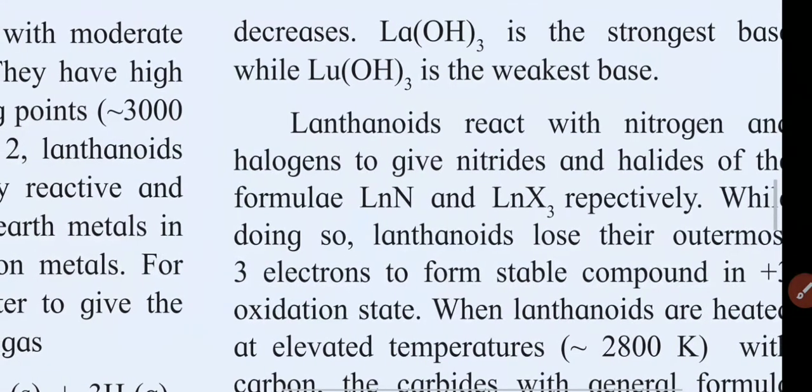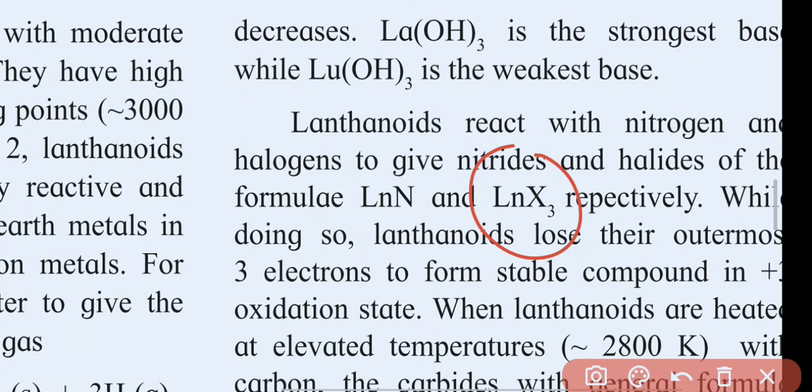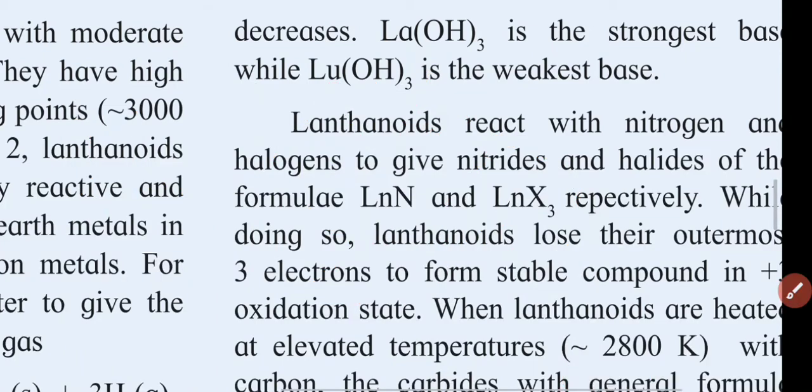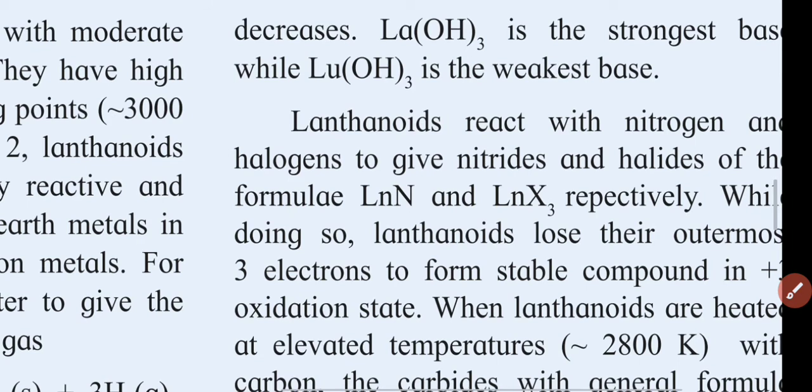Similarly, lanthanides can react with halogens. So here we get 2Ln plus 3X2. What will you get? You get 2LnX3, that is lanthanide halide.